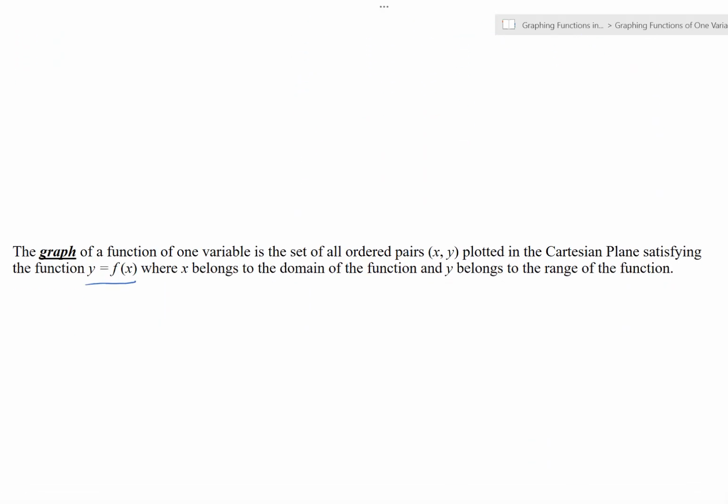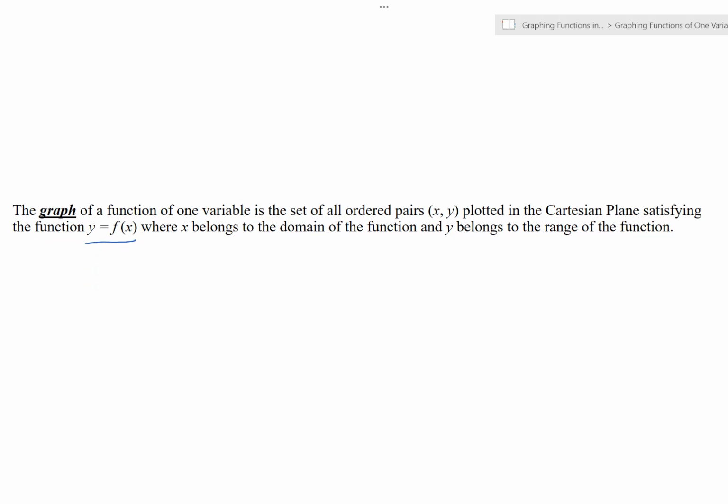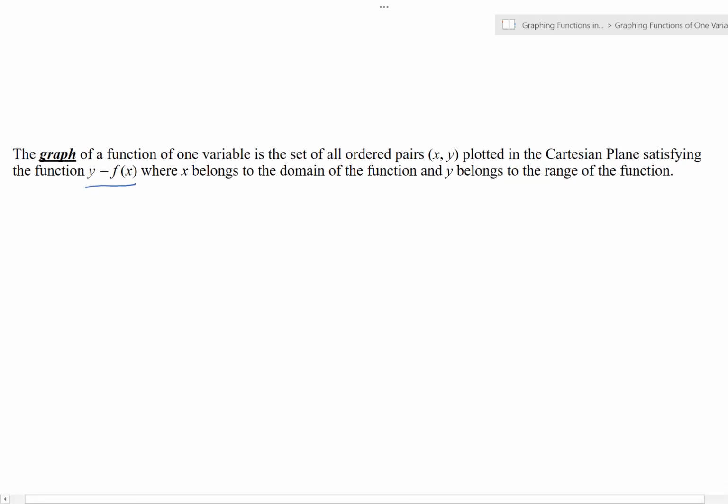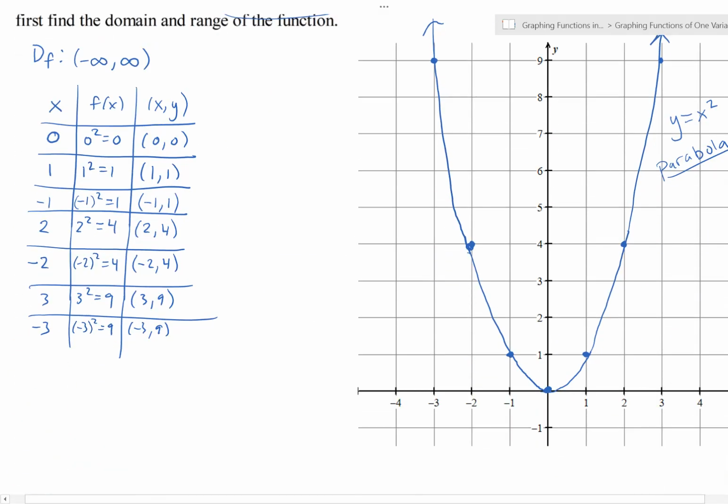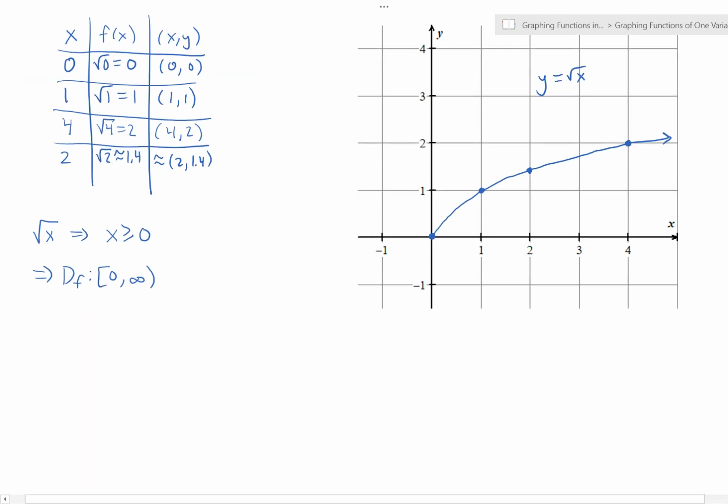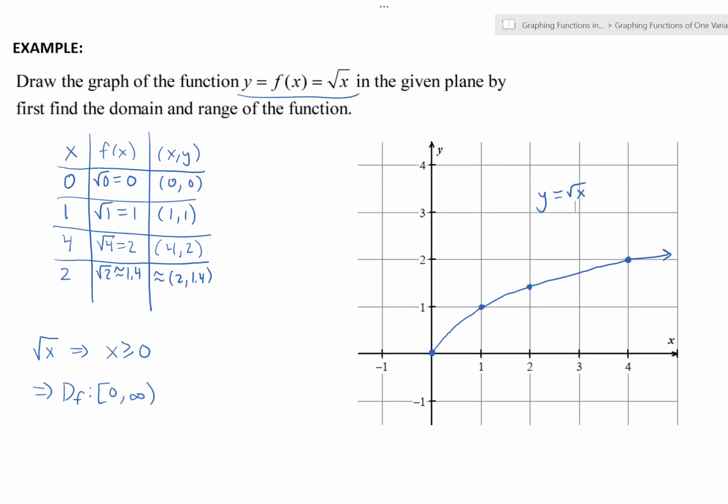The graph, of course, is the collection of all the ordered pairs x comma y, which results from applying the function rule f to allowable input values x and getting some output. You plot them all, you get the graph, and we saw a couple graphs. So that's a little intro. That's how you graph. We're going to look at so many function graphs. It's going to be great.